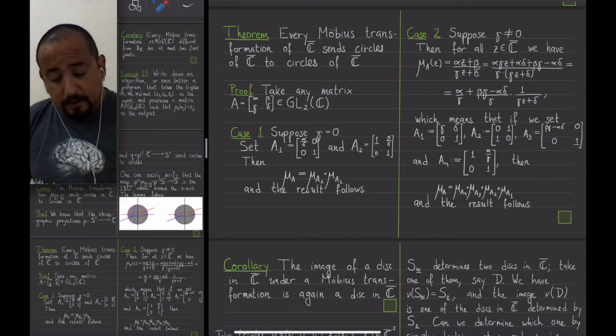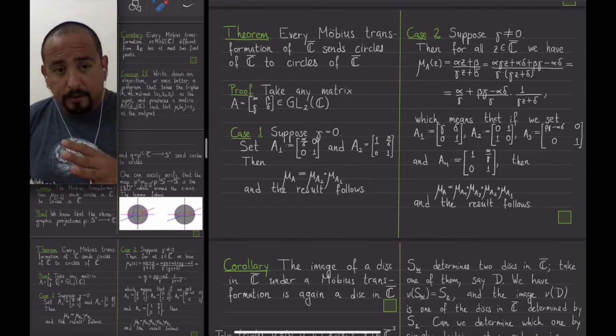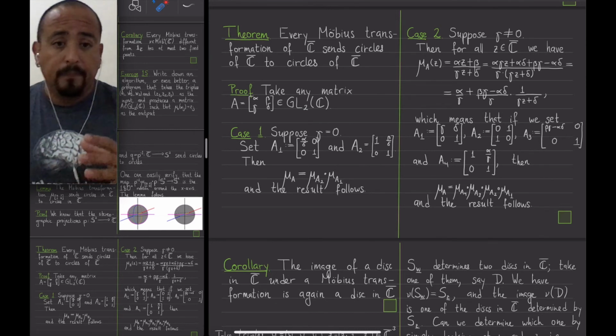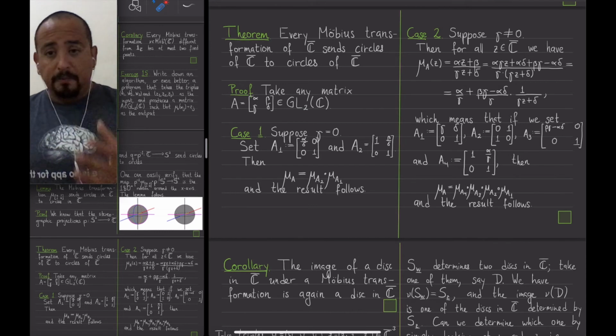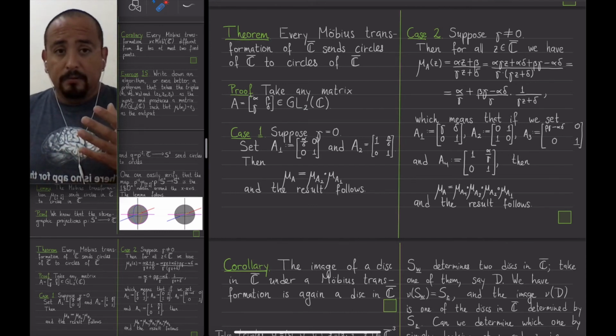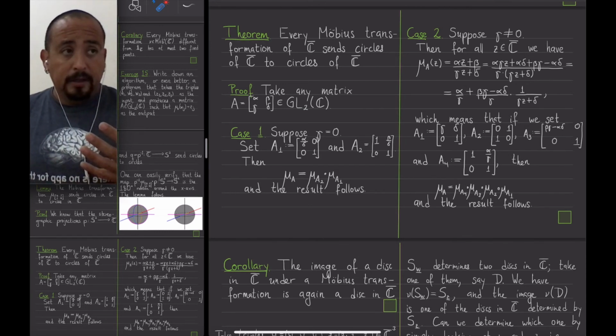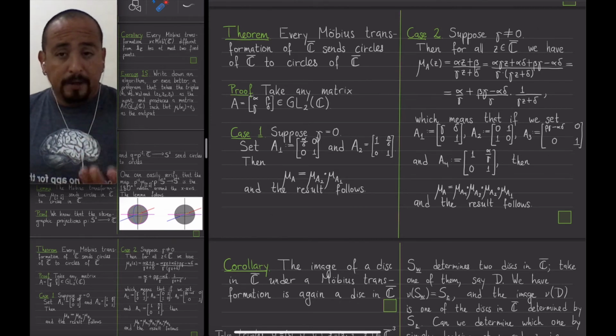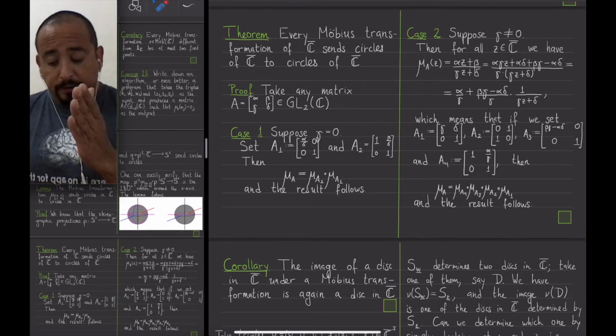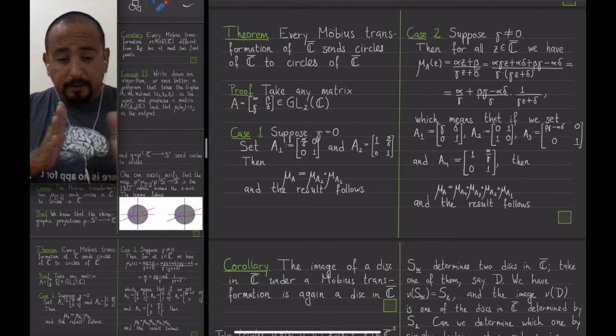So the complement of this circle in C bar has two connected components, which are precisely what we call disks, right? I mean, by definition, a disk in C bar is a connected component of the complement in C bar of a circle in C bar. Right?